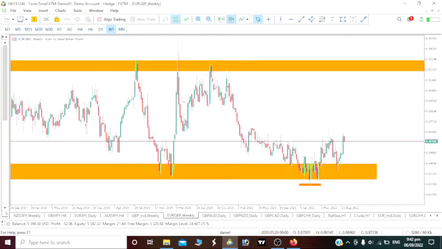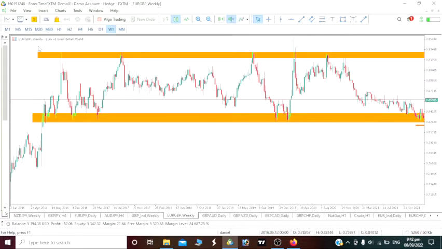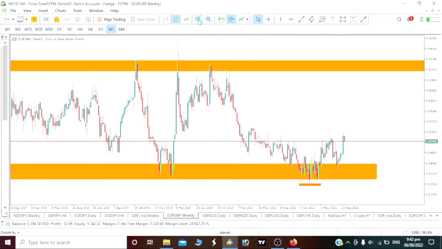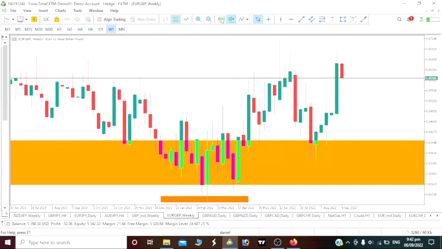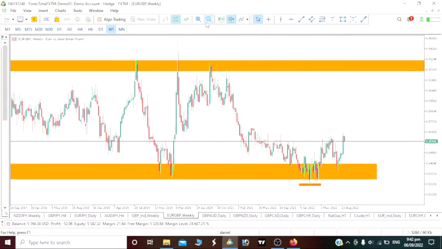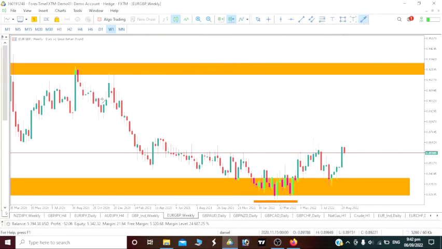So basically, the upper key level I highlighted is our resistance level, and these lows are our support level. Now on this weekly time frame, we are having a rally movement. Once we see that our price has dropped to this support level, we are expecting it to go bullish again to this resistance level.